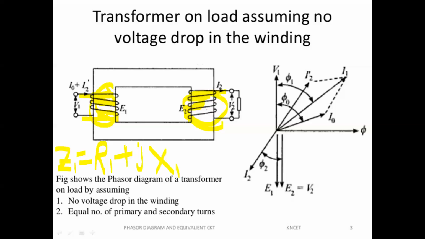Assume no voltage drop under load condition, that is, the impedance drop, meaning the resistance drop and reactance drop, is neglected. This is the secondary current. I2 dash means the primary equivalent of the secondary current.